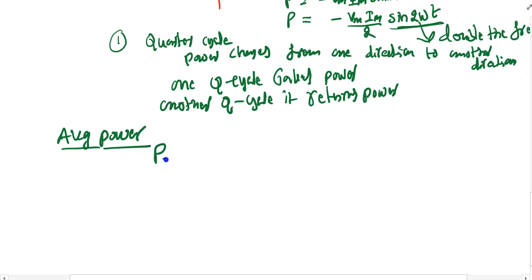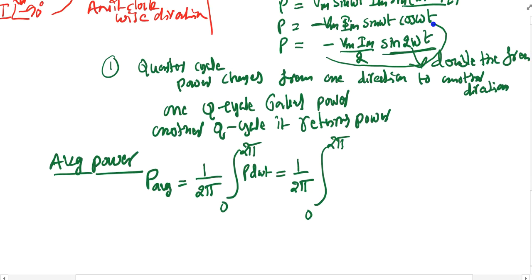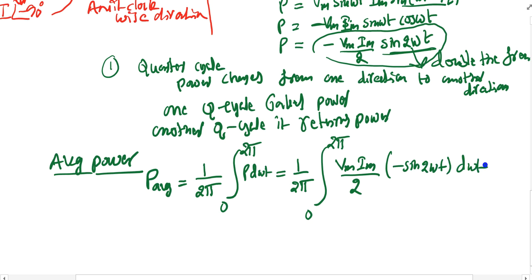As we know, it is a double the frequency, so I am taking the period 2 pi, integrating from 0 to 2 pi of the instantaneous power into d omega t, with 1 over 2 pi. Instead of the instantaneous power, I can substitute this equation: minus Vm Im by 2 into sin 2 omega t into d omega t. So this I can write.